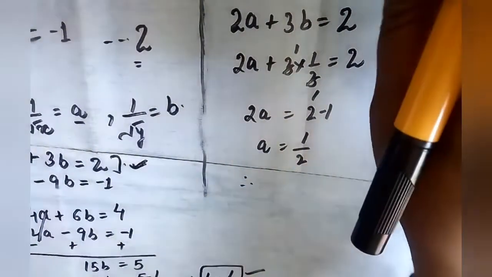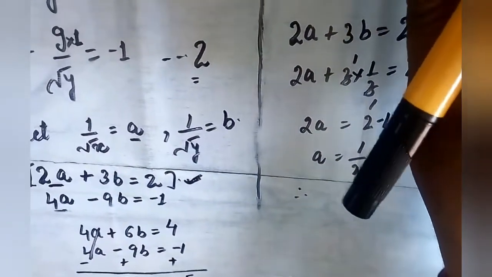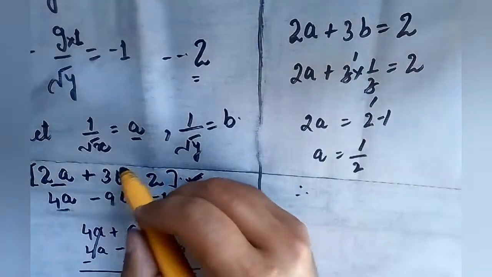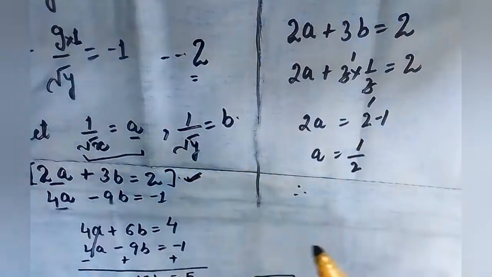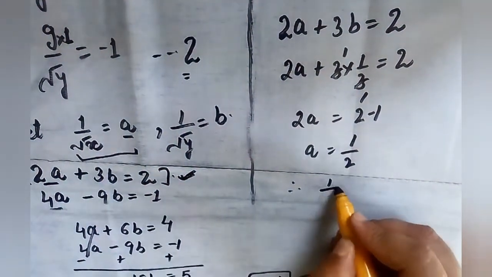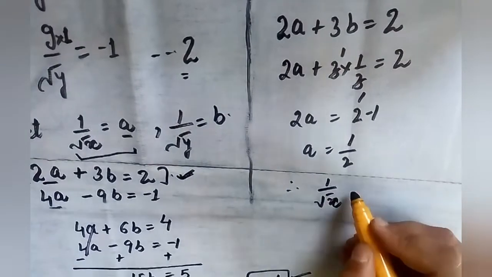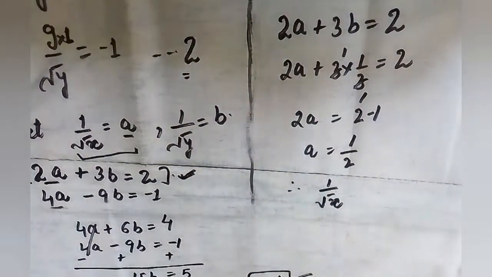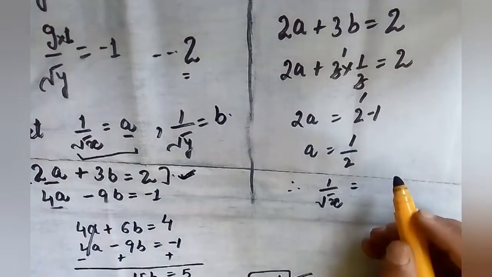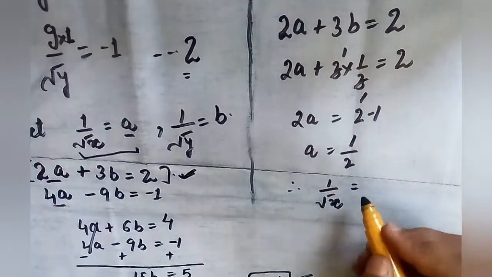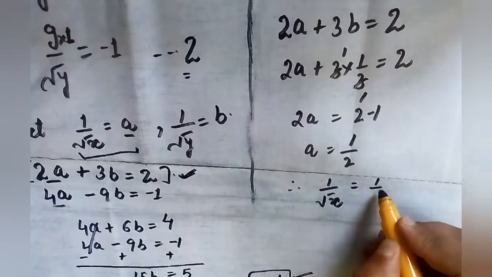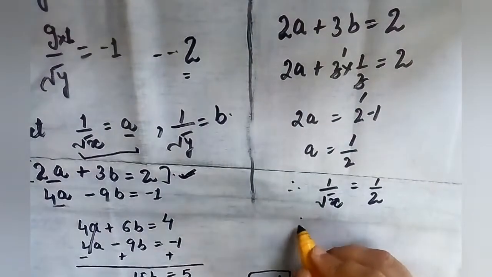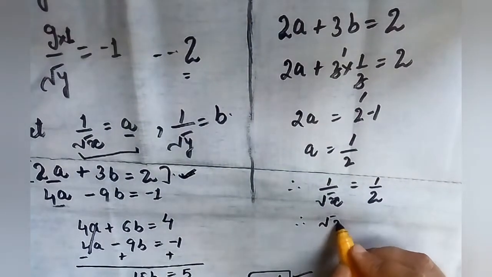Now remember we have to find out the value of x and y, and we know that 1 upon square root of x is equal to a. So 1 upon square root of x will be equal to the value of a, that is 1 upon 2. Now to find the value of x, take reciprocals on both sides.